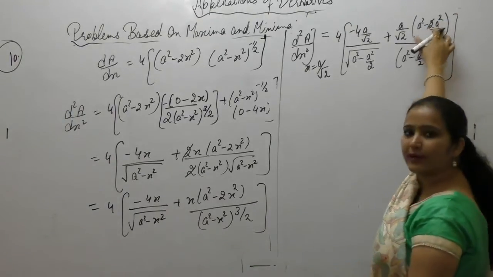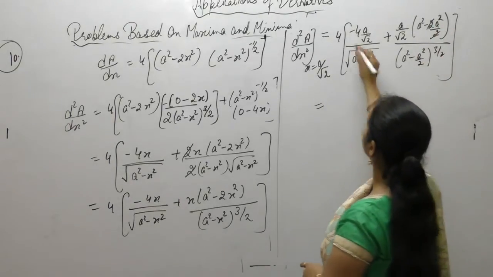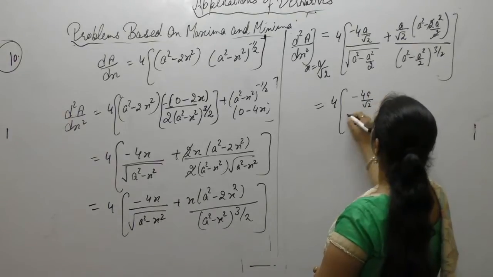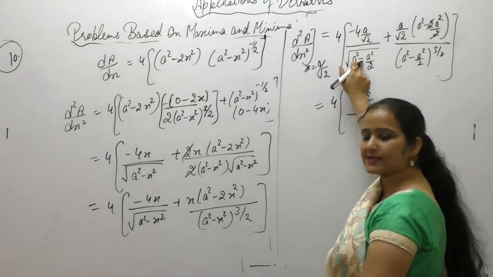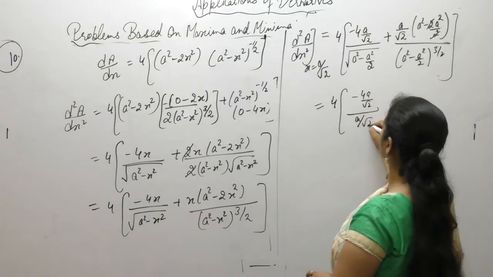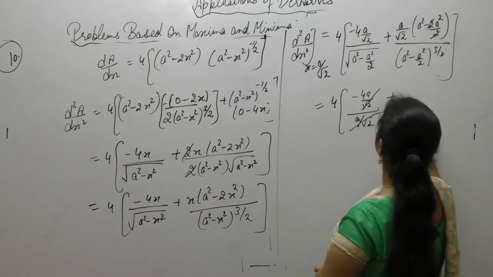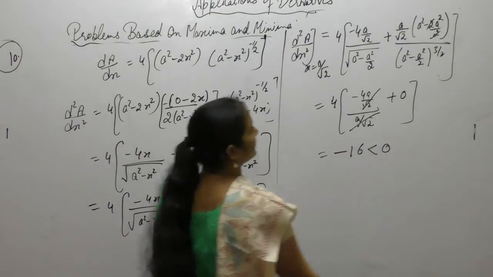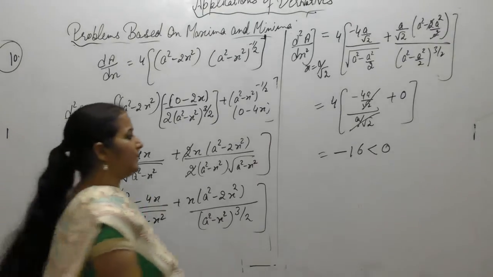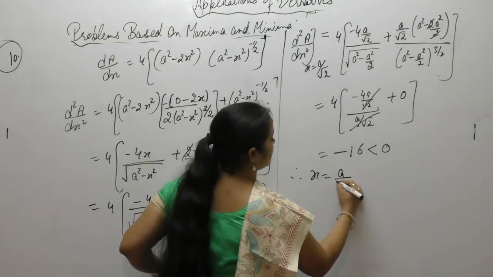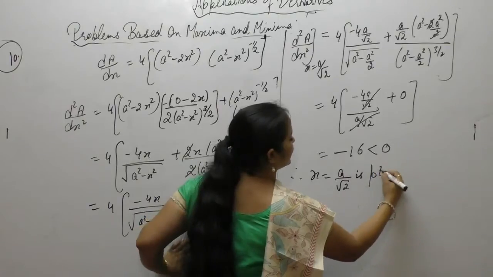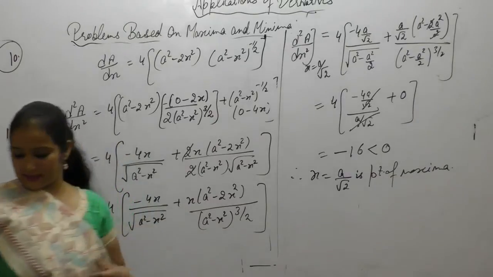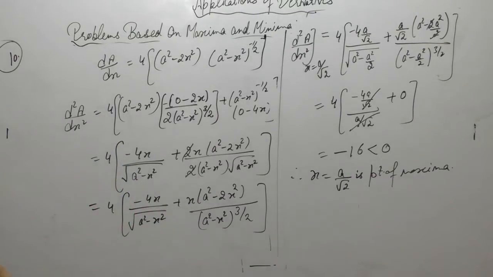This is a square minus a square, 0. So we get 4 minus 4 a upon root 2, 2a square minus a square upon root 2. A upon root 2 will get cancelled, plus this term is 0. So we are left with minus 16. That is less than 0. It means x is equal to a upon root 2 is the point of maxima.